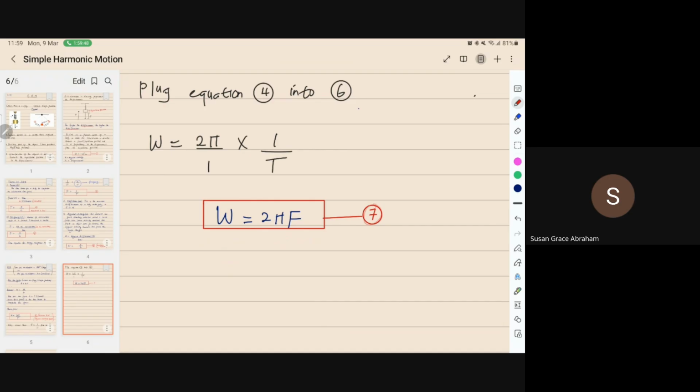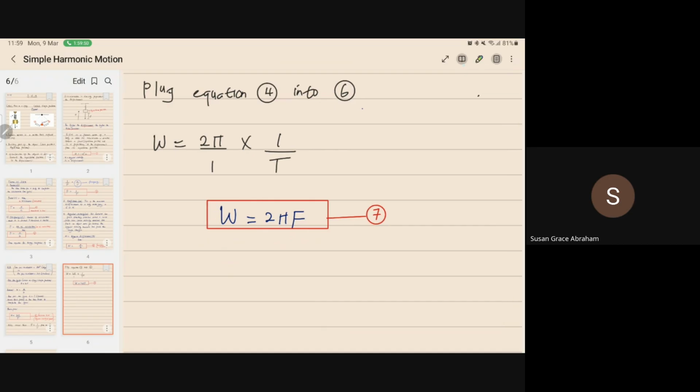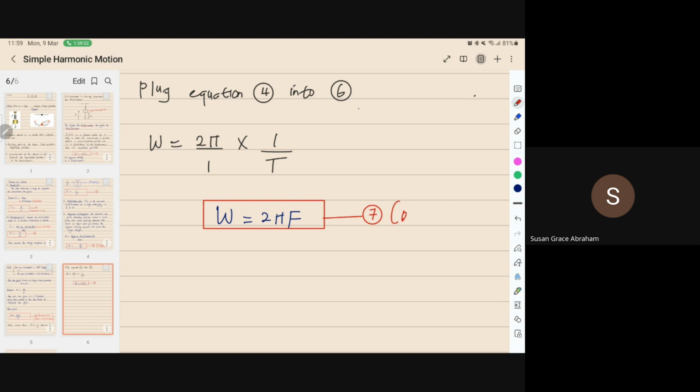And 7 has to do with what? Is it 7 or 8? Yeah, 6, 7. So this is our relation between angular velocity and frequency.